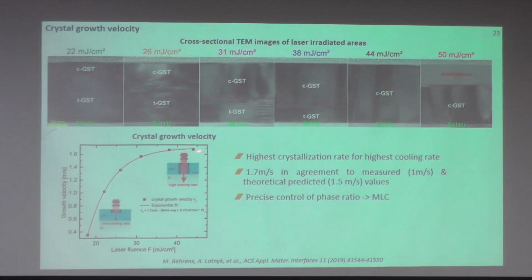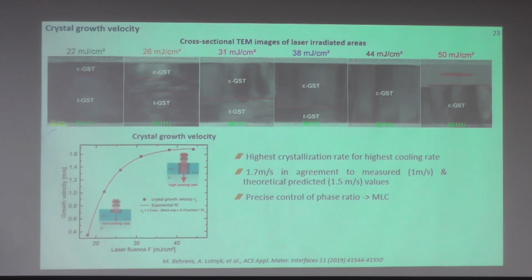If you compare this value of 1.7 meter per second, we can find that this is in nice agreement with other measurements, which are also in the range of 1 to 2, and also with theoretical calculations, which show a value in the range of 1.5 meter per second. As you can see, the crystallization of GST from the amorphous phase is not so fast.